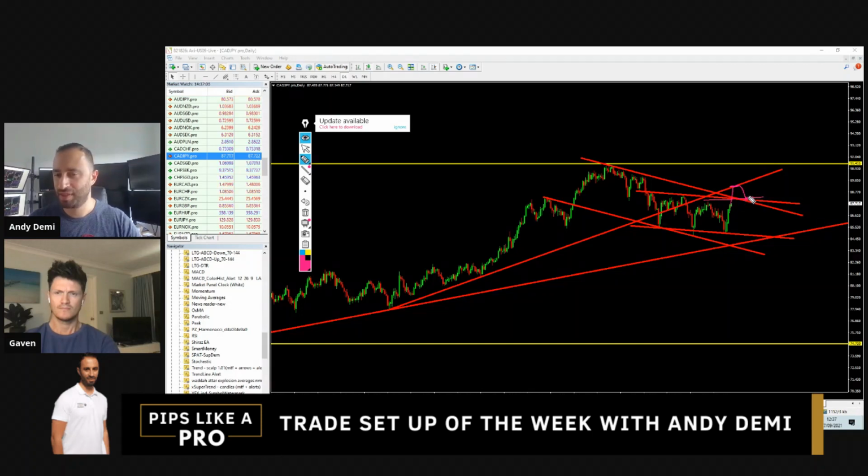Then this becomes a potential short-term buy. I think that's the kind of thing we might expect to see, and then probably lower.